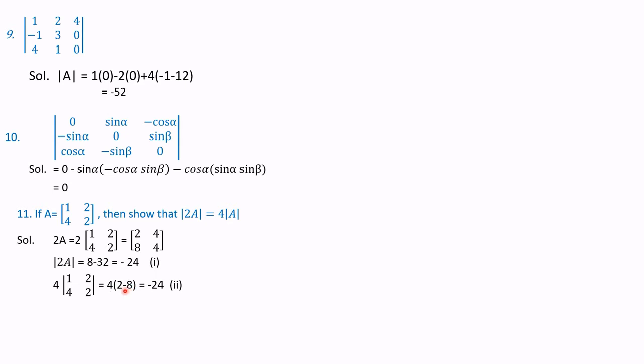Therefore, it is minus 24. So this one is minus 24, second also minus 24. So both are equal. Determinant of 2A is equal to 4 into determinant of A.